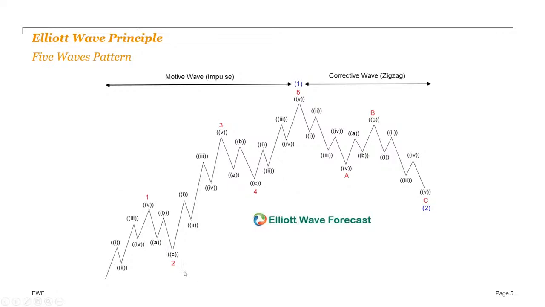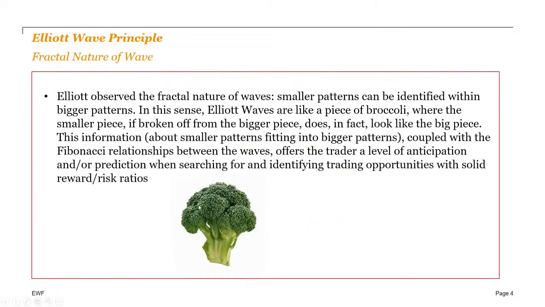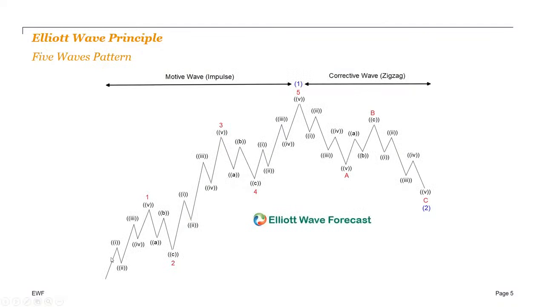Now if you remember from our previous conversation about the fractal nature, peeling off broccoli, like I said, you can always subdivide every single wave into smaller waves. So that is what we call the fractal nature of waves, right? So wave 1, for example, in the red here, if you subdivide it, you will see another 5 waves inside the wave 1.